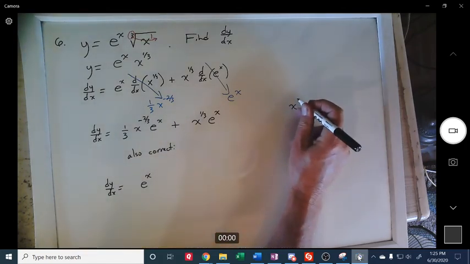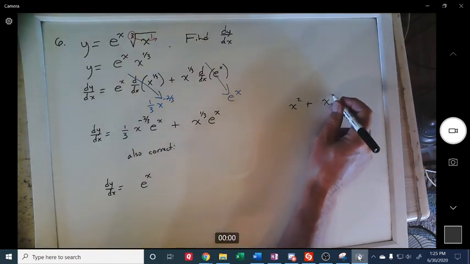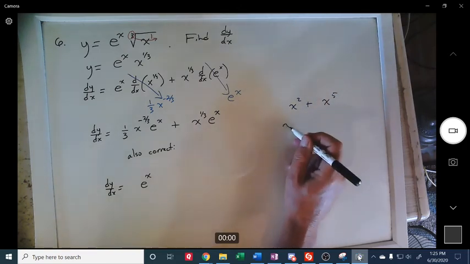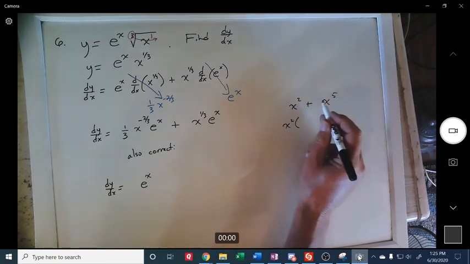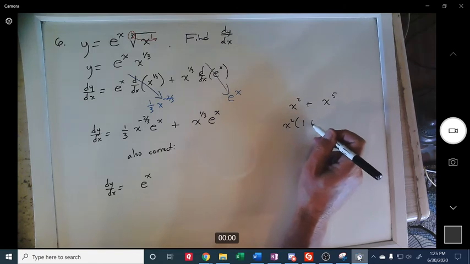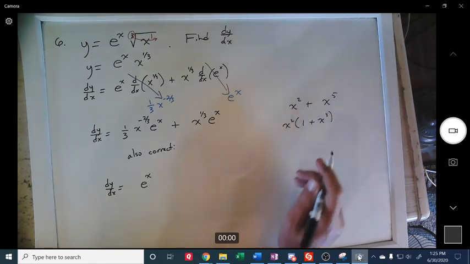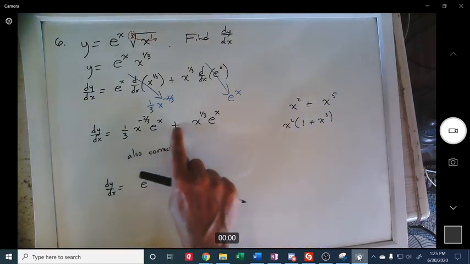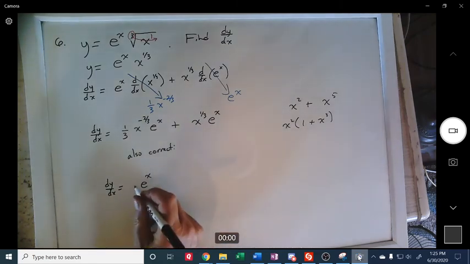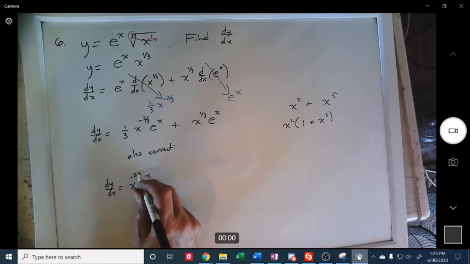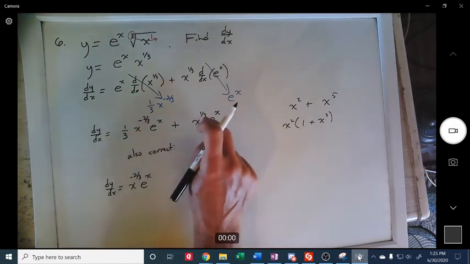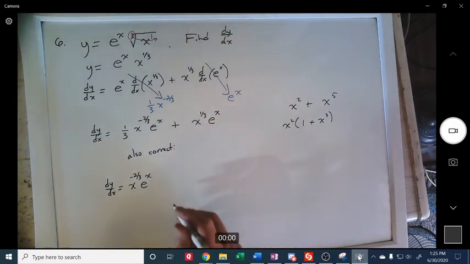Now, this causes some people some confusion. If it was x to the second plus x to the fifth, people know, oh, I can factor out, you take the smaller of the two exponents. You can still do that with these two. You can say x to the negative 2/3 is the smaller of those two exponents.